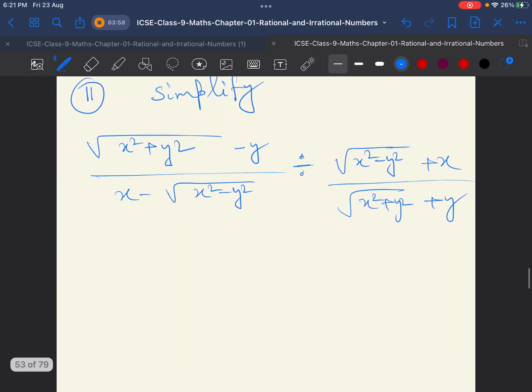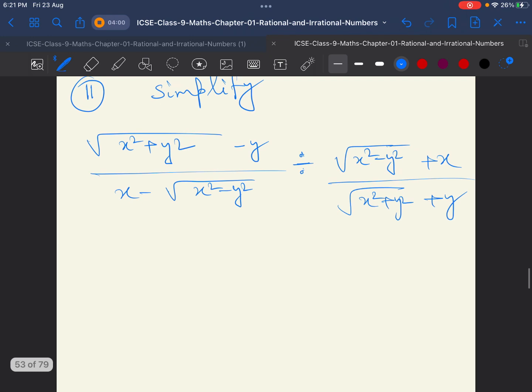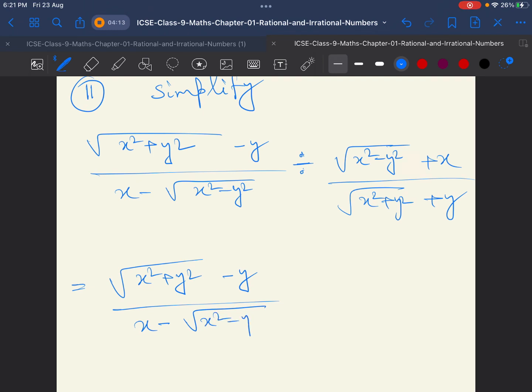Okay, so we can write this x square plus y square minus y by x minus root over of x square minus y square.